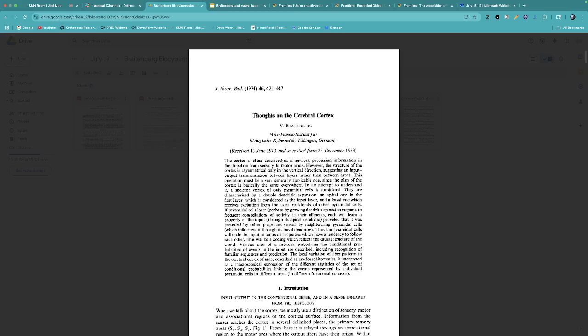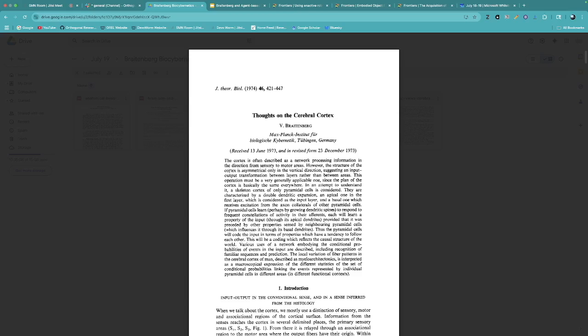The cortex is often described as a network processing information in the direction from sensory to motor areas. So going from sensors to effectors, the motor effectors, the sensors that are bringing in stuff from the environment. That requires an input of sensory information, an output of motor behavior, and something in between. So this is the assumption.